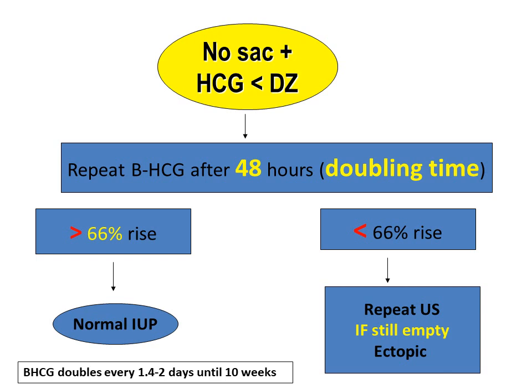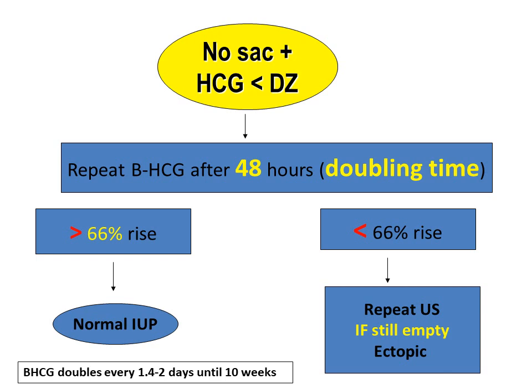If still no sac and beta HCG increases more than 66% compared to the initial measurement, this is a case of normal intrauterine pregnancy. As you know, beta HCG doubles every 1.4 to 2 days until 10 weeks of pregnancy.